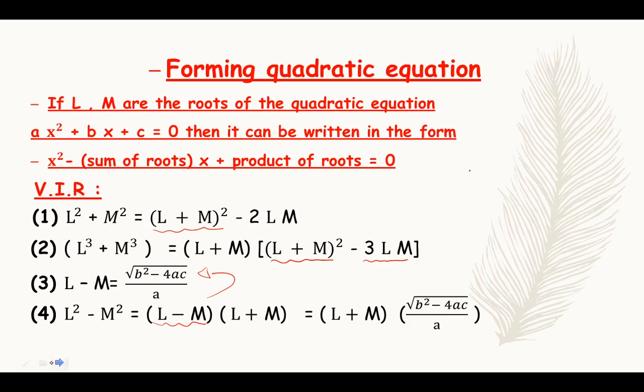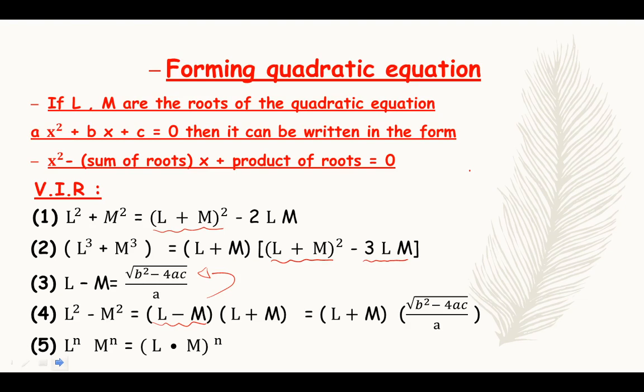Okay? And number 5, L power of n times M power of n. If we have L power of n multiplied by M power of n, then we can write it as L times M for all power of n.